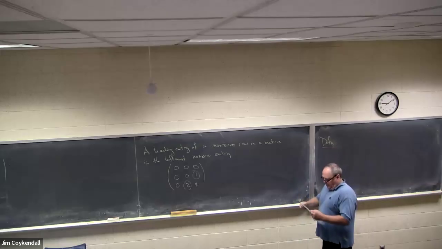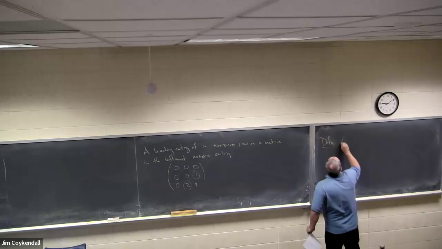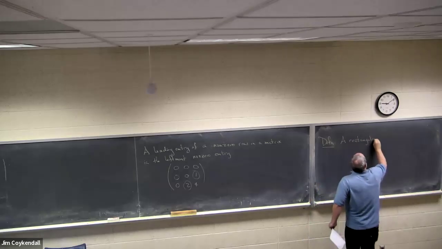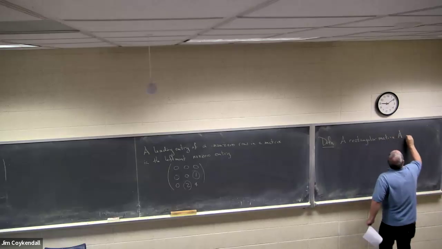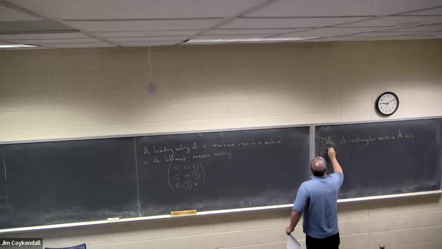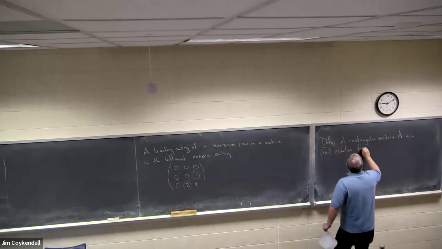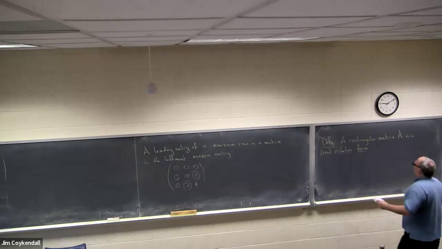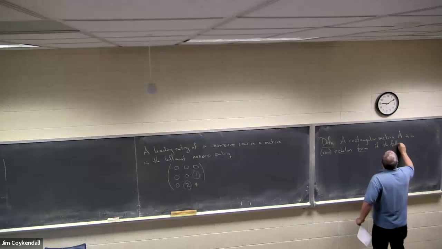Definition. A rectangular matrix A is in echelon form, or sometimes row echelon form, if the following are true.